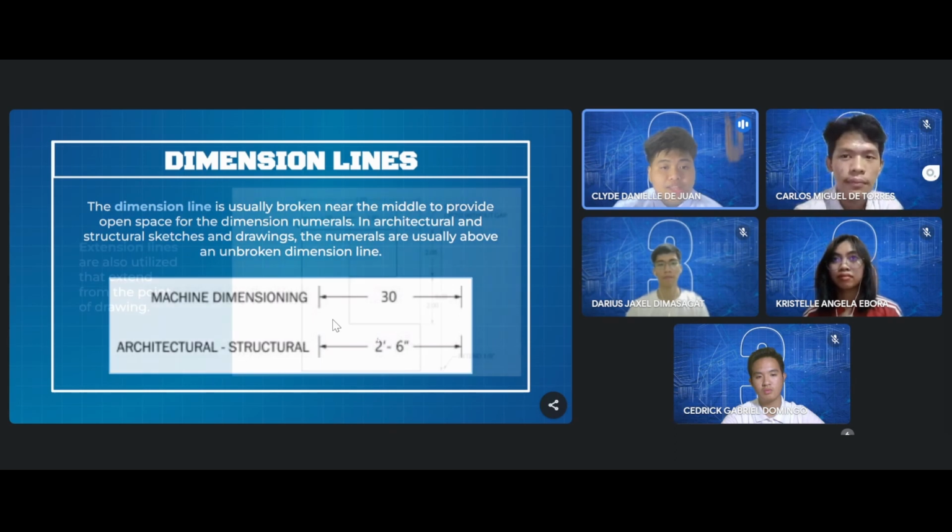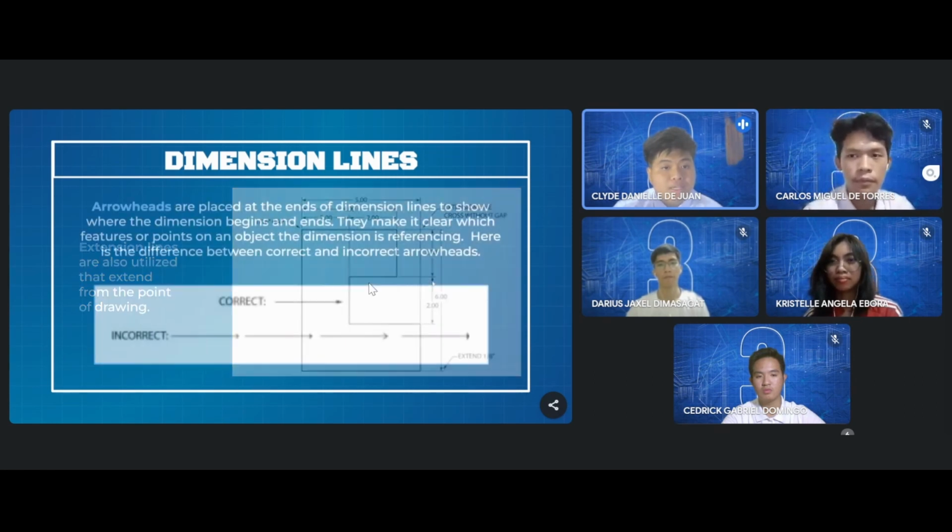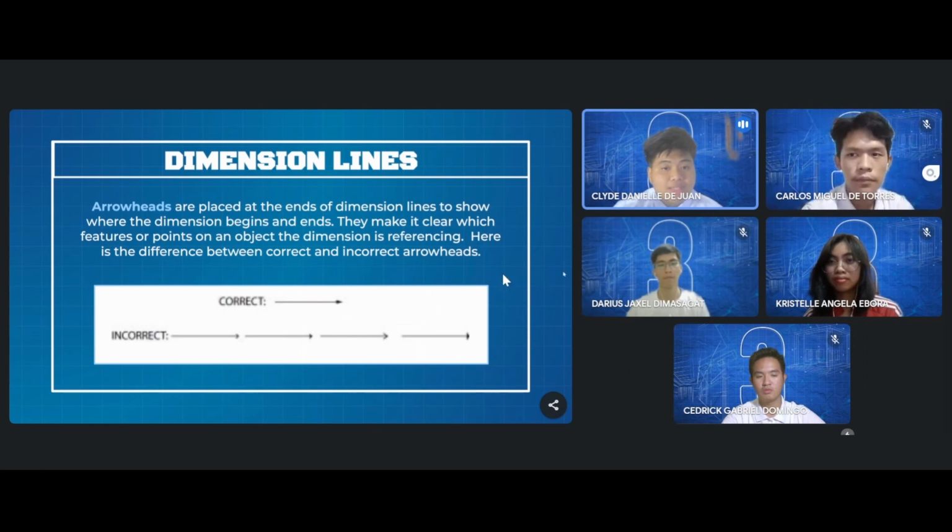Extension lines, on the other hand, are also employed in dimensioning. This helps the dimension to show the relationship of sizes from a line that is perpendicular to each other. Moving on, part of the dimensions are the arrowheads. These arrowheads are markers positioned at the ends of dimension lines in blueprints to indicate where the measurement starts and ends.